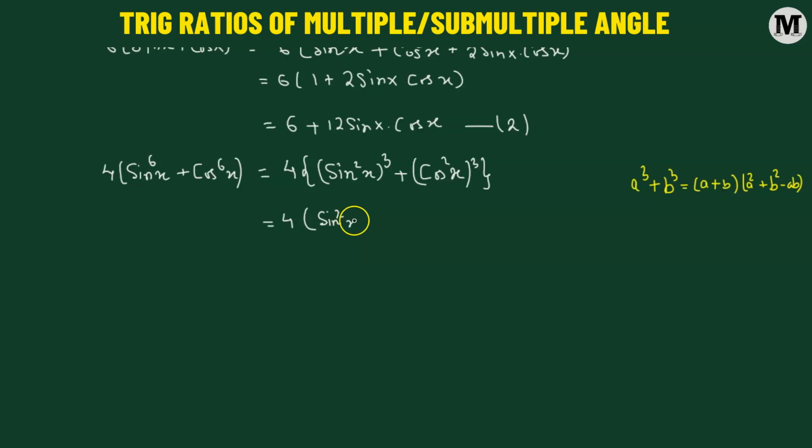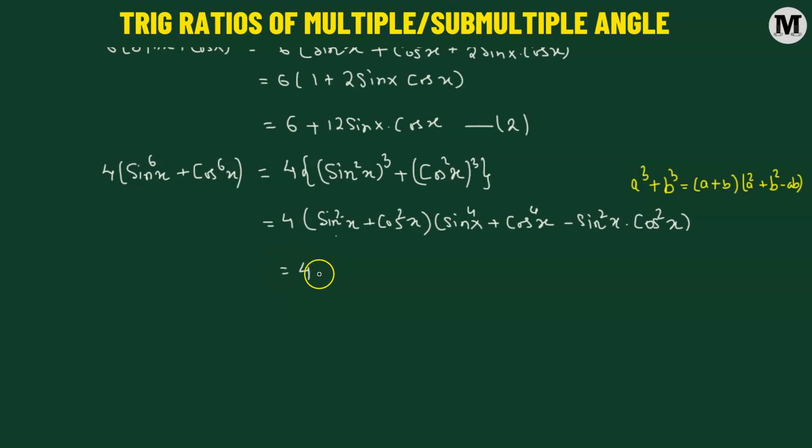We'll be getting sine squared x plus cosine squared x. So this gets multiplied to, now we have to square sine squared x, that gives us sine x raised to the power of 4. Then squaring cosine squared x gives us cosine of x raised to the power of 4, and then negative product of sine squared x and cosine squared x. So sine squared x multiplied to cosine squared x. Now sine squared x plus cosine squared x, that's 1.